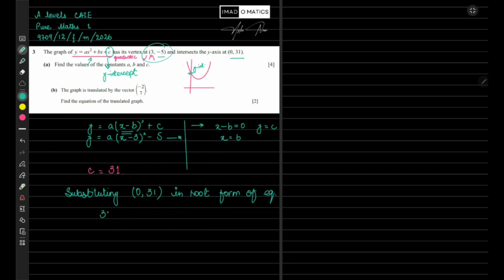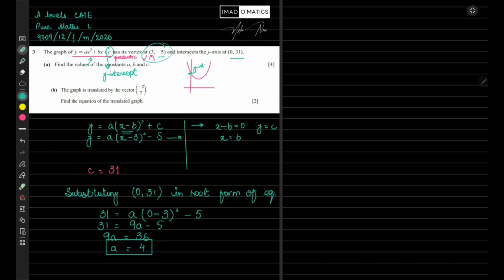So we get 31 equals a times (0 minus 3) square minus 5. That gives you 9a minus 5 equals 31. From here 9a equals 36 and a equals 4. So this is the other value that we get.